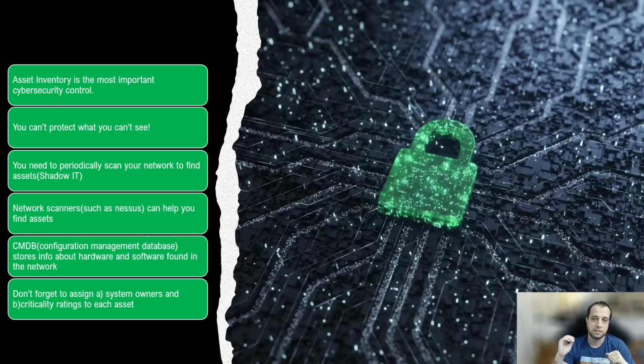So if you don't have any solution for asset inventory, think about it. I would say Qualys, Nessus, and Rapid7 are the top 3 for scanning. And then CMDB, there are several. I'm not going to cite one, but you need to have a way to find your assets.